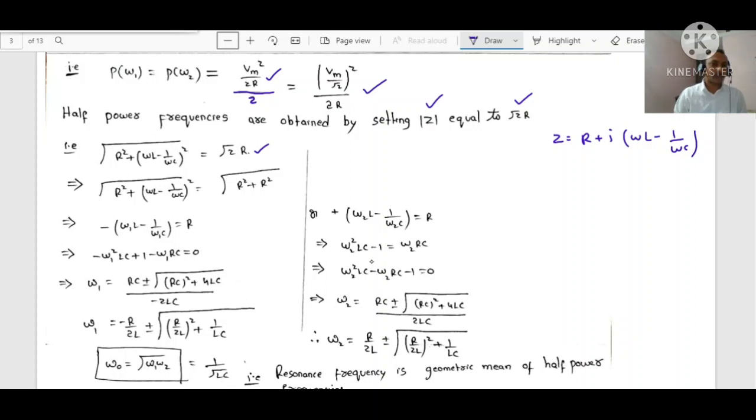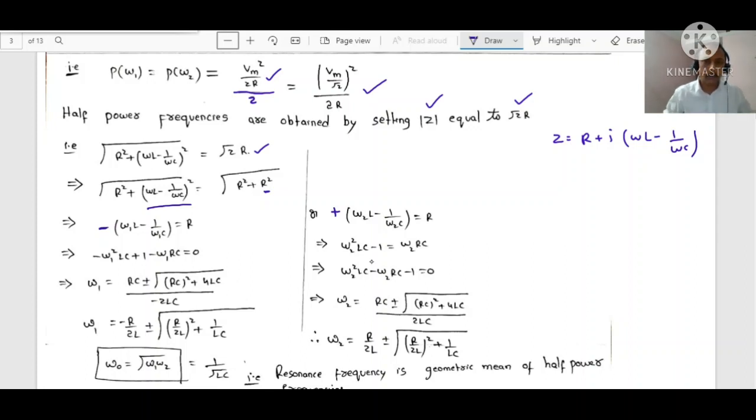Right? So indirectly, what does it mean? The value of this R is equal to plus or minus omega L minus 1 by omega C. One time make it equal to minus R, other time make it equal to plus R. Now at one point let that value of frequency be omega 1, the half power frequency omega 1.